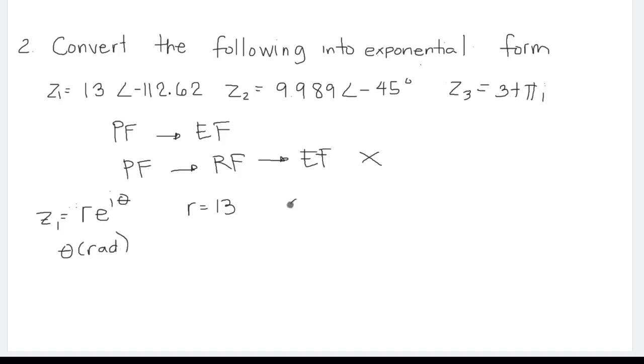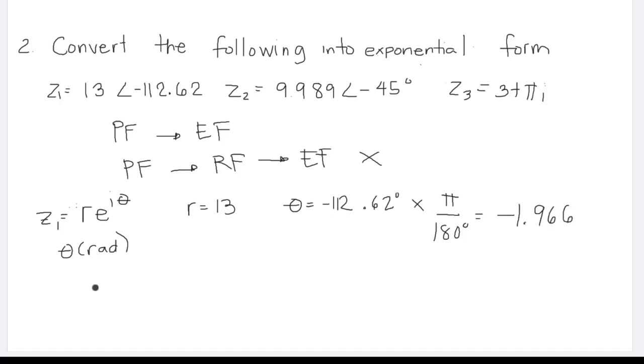So we need to convert negative 112.62 degrees into radian. And by converting degree to radian, we multiply by pi over 180. And that is equivalent to negative 1.966.